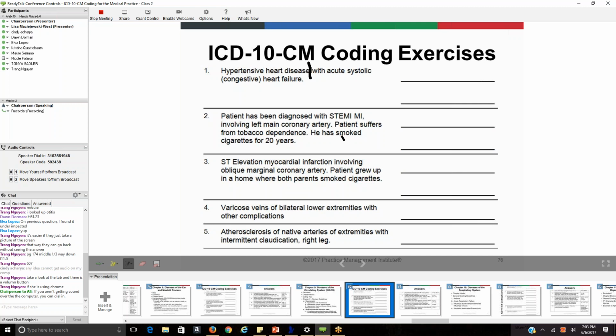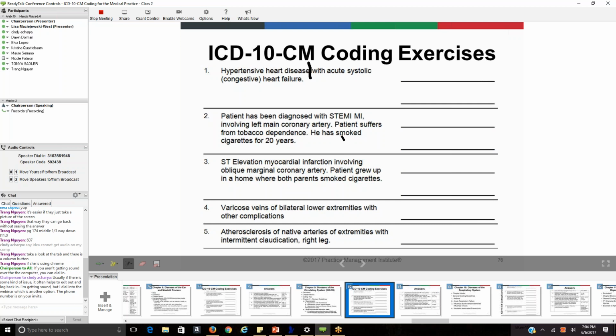So that's where I'm going to go in my chapter, I21.01, which is ST elevation myocardial infarction involving left main coronary artery. There's no other indication that I have to code that to a higher level of specificity, so that's the code.